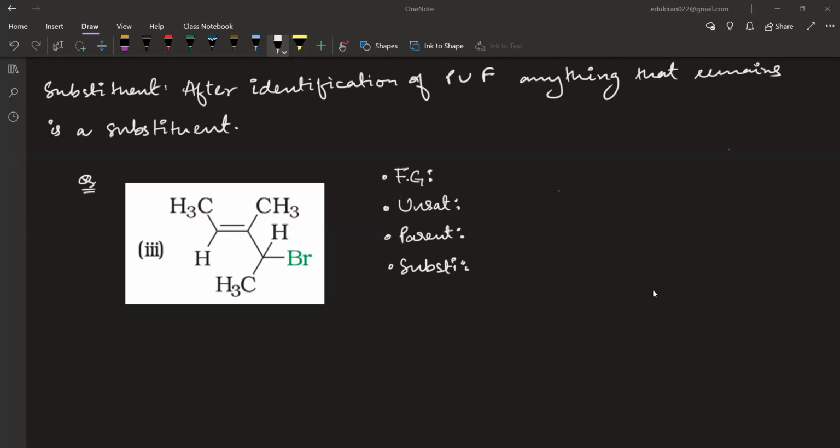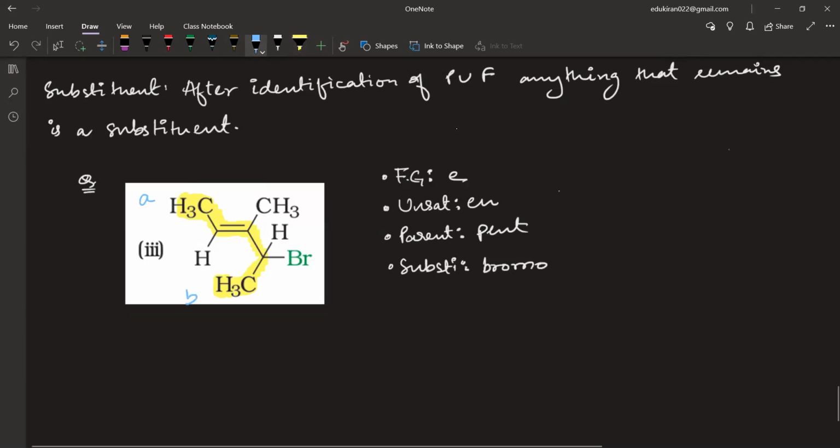I think these things are fine. The functional group is none, unsaturation will be ene, the parent is 1 2 3 4 5, so it is pent, and the substituent is bromo. So now we have this as the parent. Krishna, where should I start from, A terminal or B terminal?